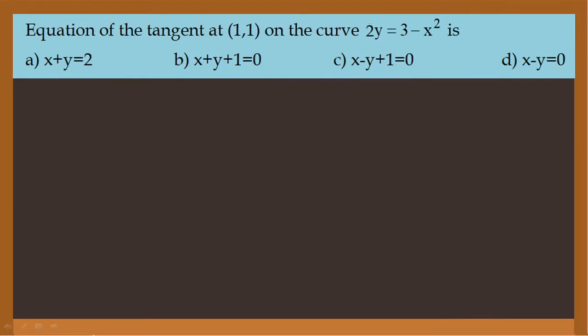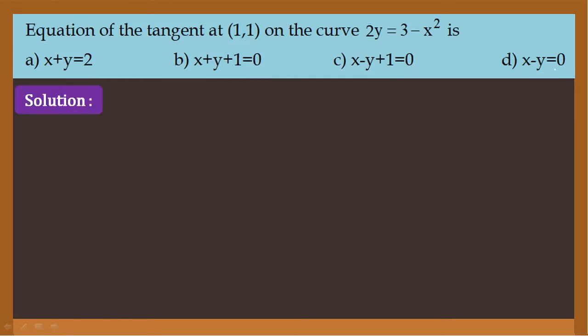The question is, equation of the tangent at the point (1, 1) on the curve 2y is equal to 3 minus x square is, options are x plus y is equal to 2, x plus y plus 1 is equal to 0, x minus y plus 1 is equal to 0, x minus y is equal to 0.